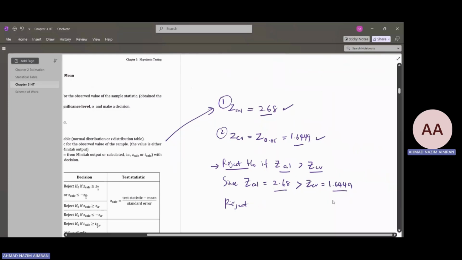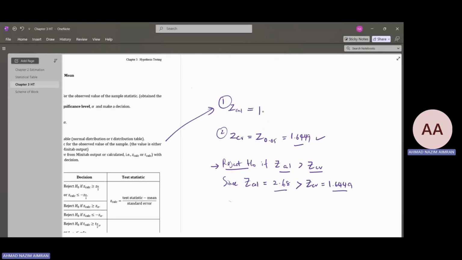But let's say the Z calculated here is 1.500, for example.